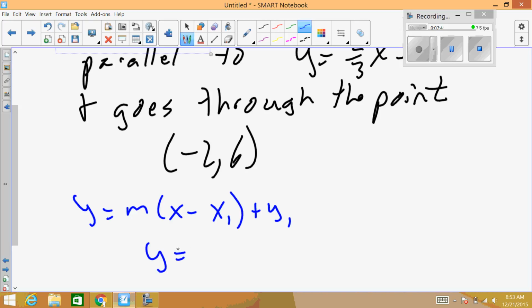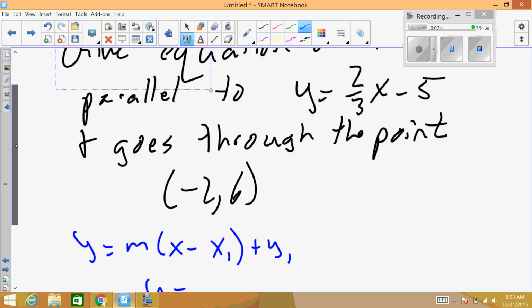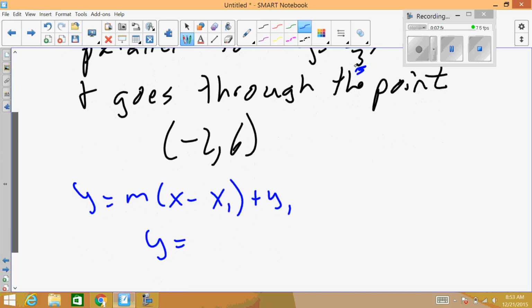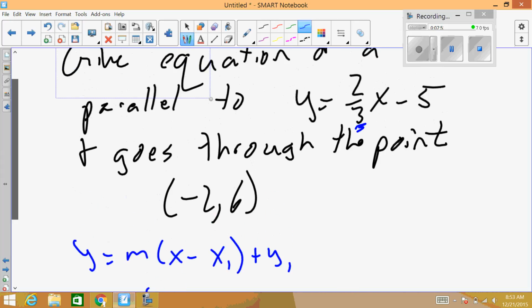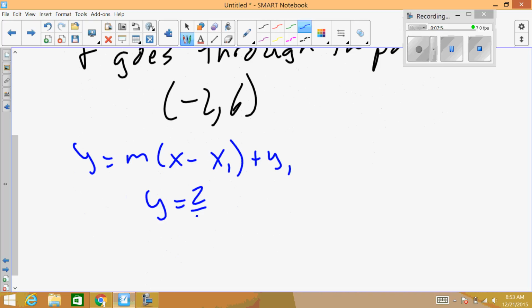So y equals, my slope is 2/3, same as this one right here, 2/3 times parentheses x minus, plus outside parentheses. Now remember, x1 and y1 were just values from a point. So I'm going to take this point right here, -2 for my x1, 6 for my y1.